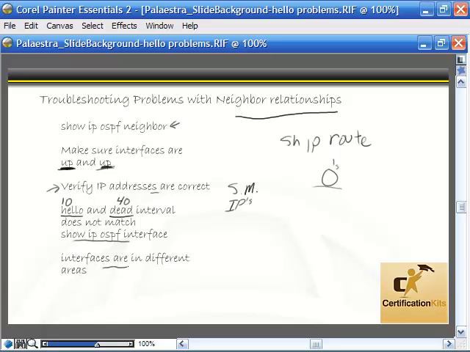I would also verify the area set for OSPF. If the interfaces on the neighbor routers, so this interface right here and this interface right here, are in different areas, they don't like that. So they won't share information then. So they have to agree on all of that to establish this neighbor relationship and share that topology information.